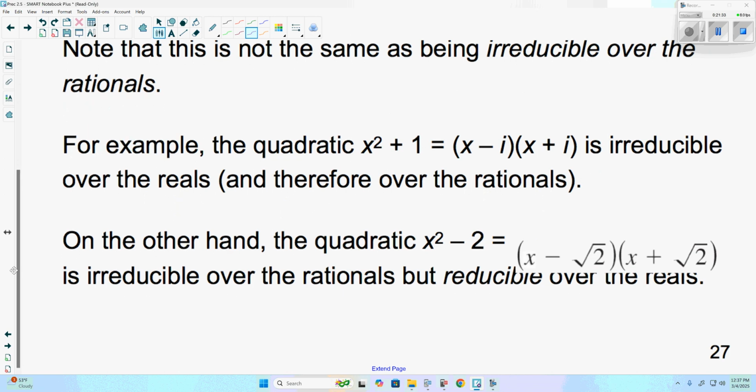The fact that x squared plus 1 is x minus i times x plus i. We have to solve it, find the complex solutions, and then get them back. Same with x squared minus 2. We solve it, find out that x is equal to plus or minus the square root of 2, set them as two separate expressions, and move them back over.